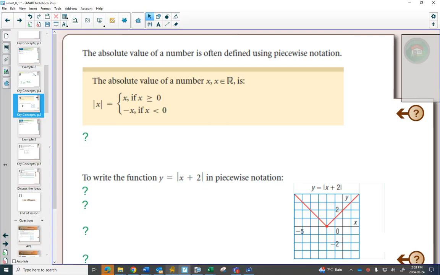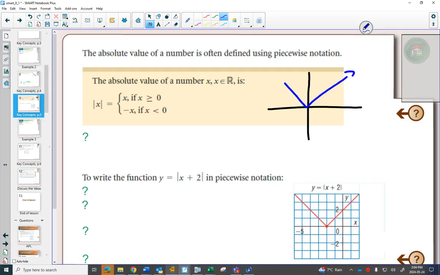If you think about your regular absolute value graph looking like this, this is the one that we did in our construct the understanding to start with. Well, if x is bigger than or equal to 0, it didn't change. That's just your line y equals x, which would keep going.